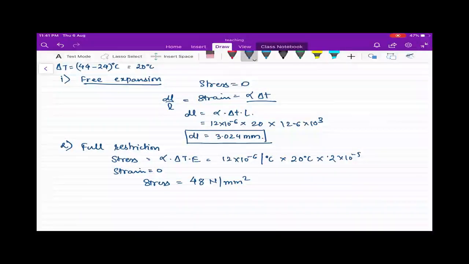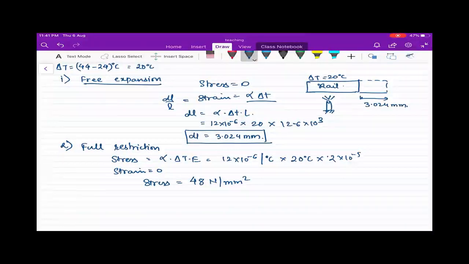Now see, a rail was heated up to have a change in temperature of 20 degrees centigrade. Now if it is allowed to expand freely, it means there will be a free expansion of 3.024 mm. Is it okay?